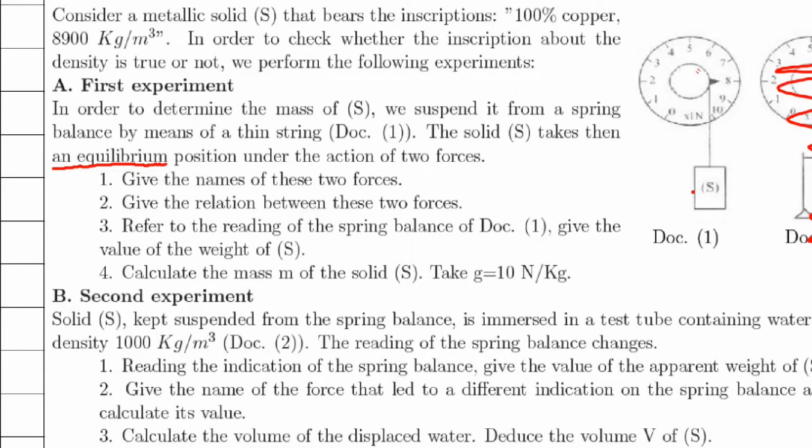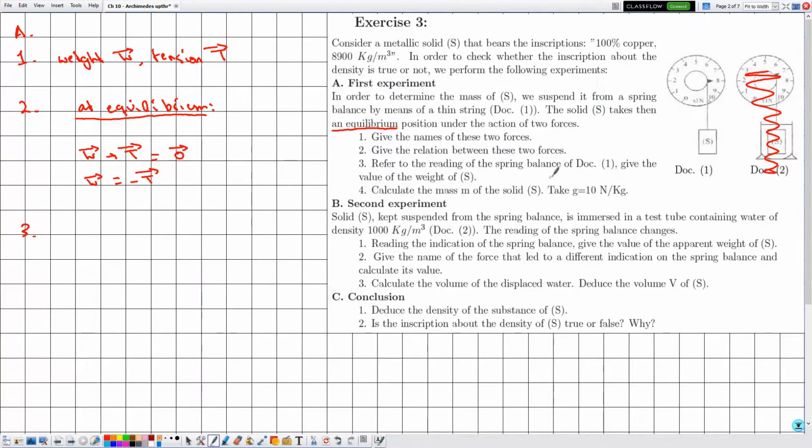Referring to the reading of the spring balance, give the value of the weight W of S. Since the suspended object, which is S, is at equilibrium in air, then the spring balance indicates its real weight.